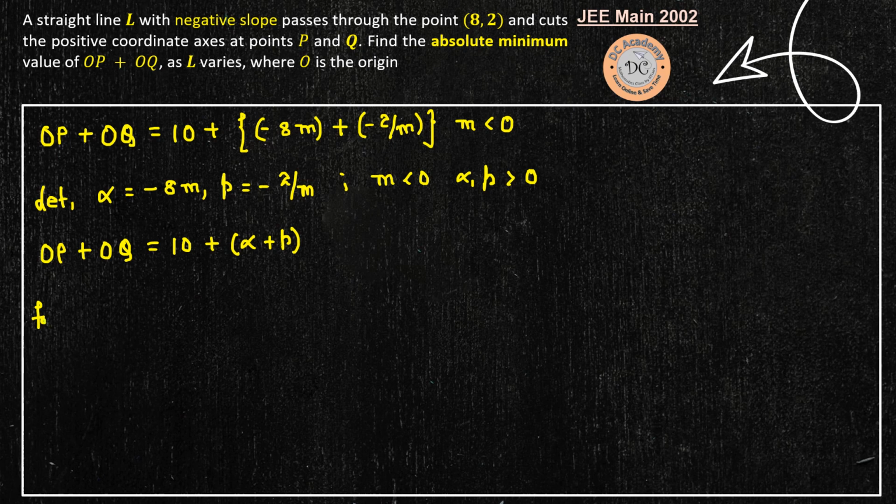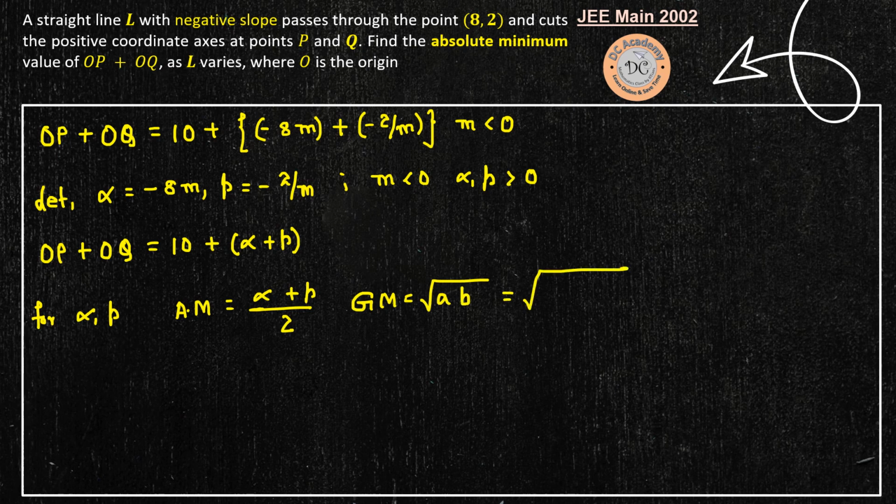Now, for alpha and beta, if I consider these two numbers, the arithmetic mean is equal to alpha plus beta divided by 2. And the geometric mean is the square root of alpha beta. Alpha is minus 2m and beta is minus 8 by m. If I multiply, m gets cancelled, and it is the square root of 16, which is 4.